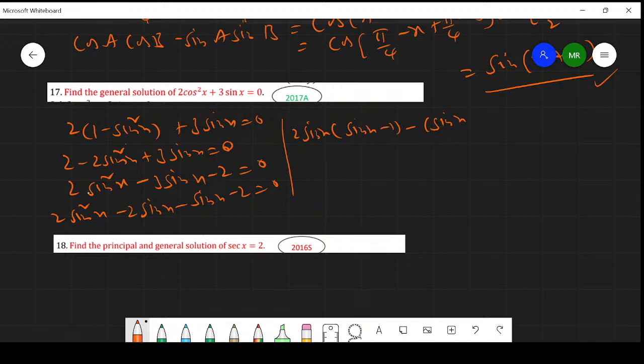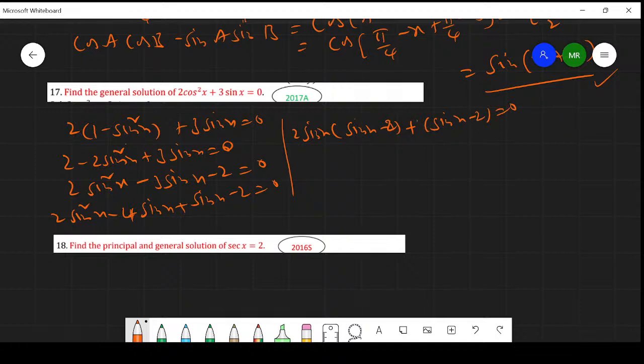I have written this one wrong. I can write minus 4 sin x plus sin x. Correct, be careful, plus 4, this one factors. 2 sin x means it will come sin x minus 2. If I take plus common here, sin x minus 2 equal to 0.